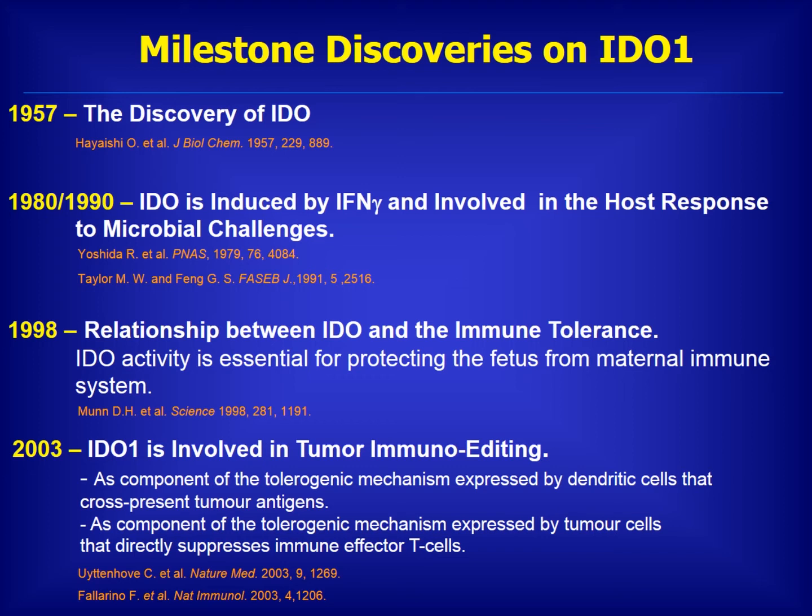Then, at the beginning of the 2000s, it was discovered that IDO1 was involved in tumor immunoediting, both as a component of the tolerogenic mechanism expressed by dendritic cells that cross-present tumor antigen, and as a component of the tolerogenic mechanism expressed by tumor cells that directly suppress immune effector T cells.